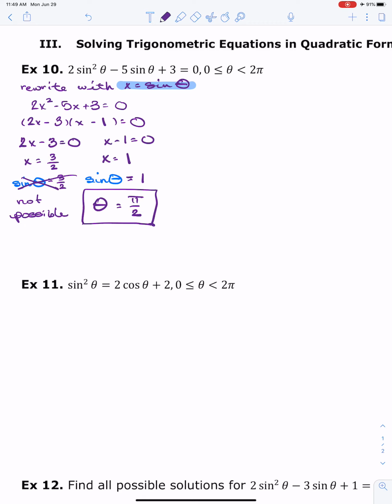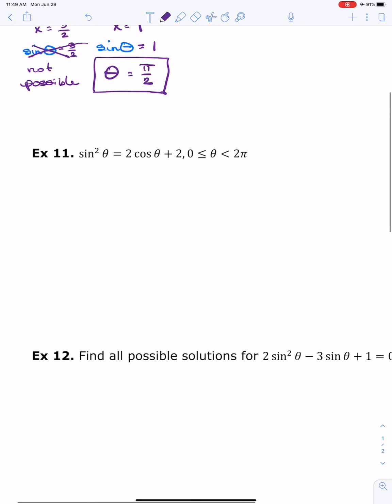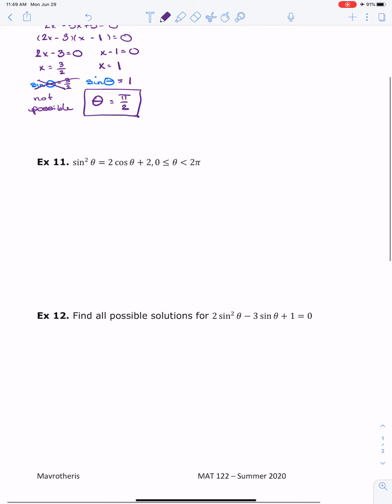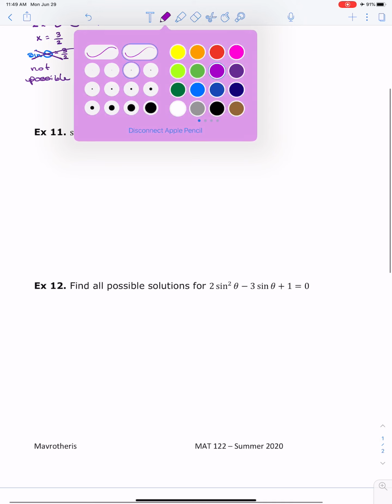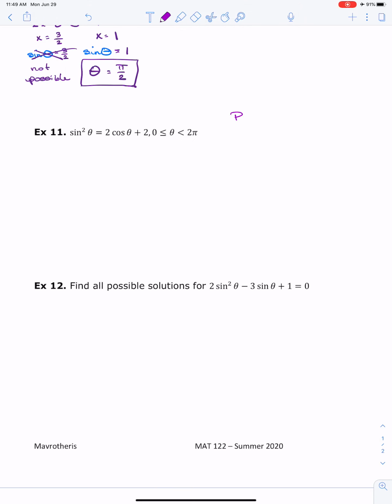Example 11, I got sine squared theta equals 2 cosine theta plus 2. Again, I'm looking for solutions on the unit circle. The one thing that bothers me here, though, is that I've got a sine and a cosine. It's not going to be incredibly easy for me to solve with both of those. So I'm going to go back to our Pythagorean identity.